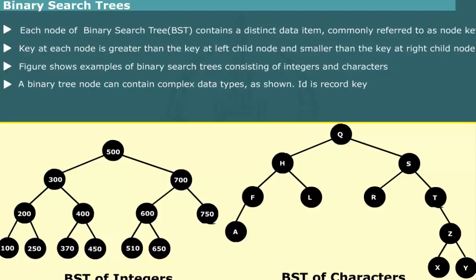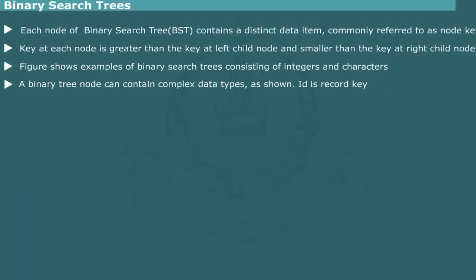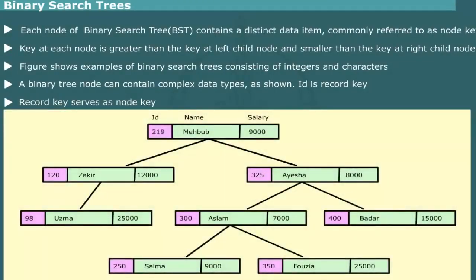One of the fields is designated as the record key, or key, for the node storing the record. Figure depicts an example of a search tree which stores personal records. In this example, personal identification number is the node key. Other fields are name and salary.